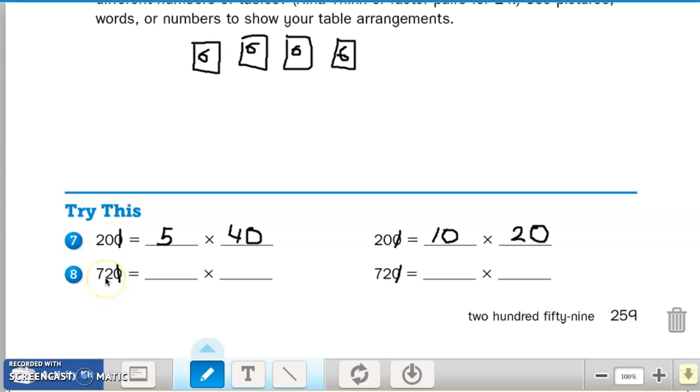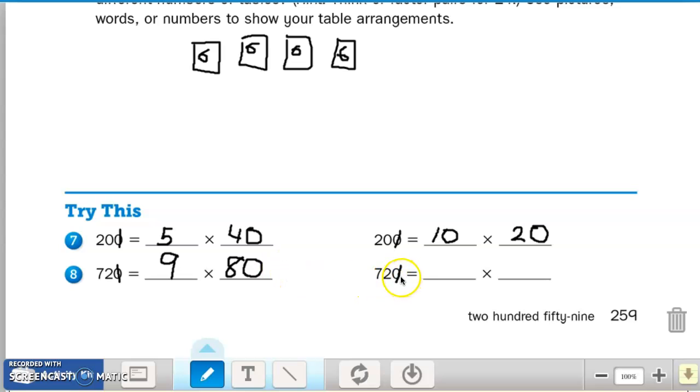All right, again, 72. What 2 numbers we multiply equals 72? 9 and 8. 9 times 8 is 72. But again, there's a 0, so we have to add a 0 to one of these. We could have added it to 9, or we could have added it to 8.